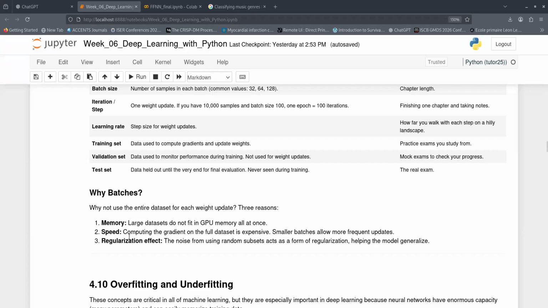It's also for the speed. When you compute the gradient on the full data set, it's very expensive. But if you use small batches, it allows you to have more frequent updates. And then we have the regularization effect. This is also why we use batches, because the noise from using random subsets acts as a form of regularization. So it will help the model to generalize.